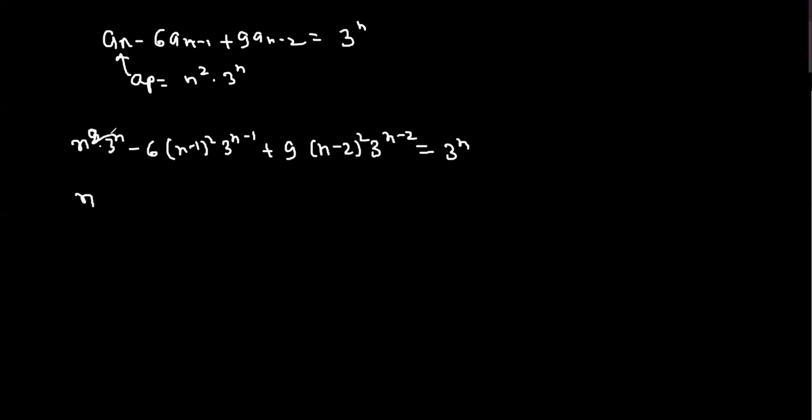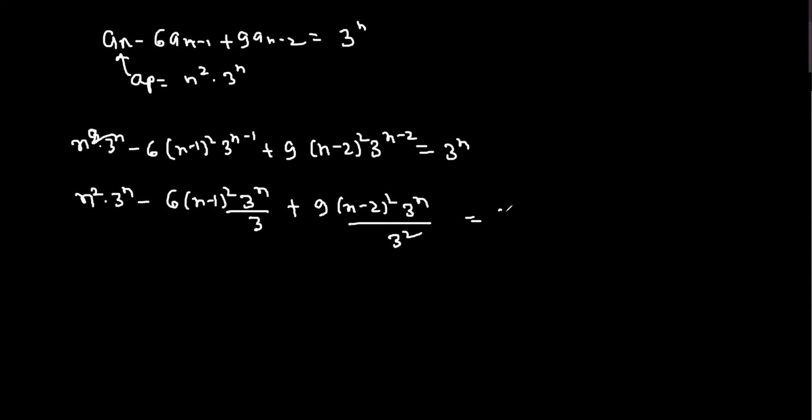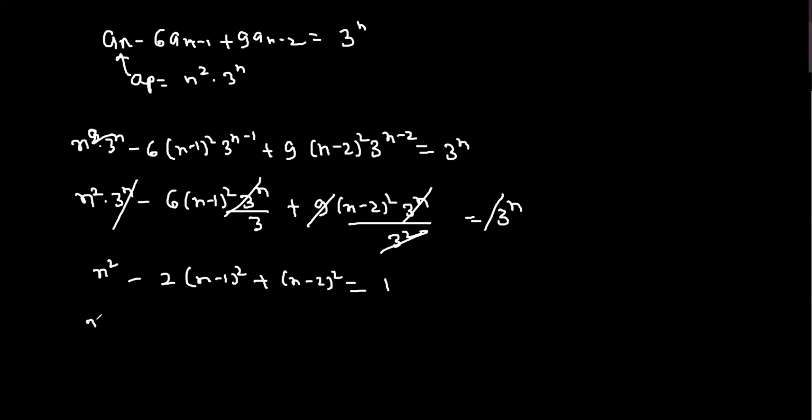So take n square 3 raised to n, 3 square. Right? 3 raised to n cancel. 3 2 is 6. Right? Open the bracket.